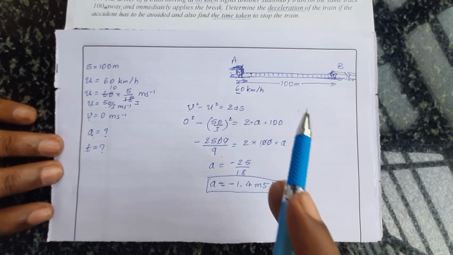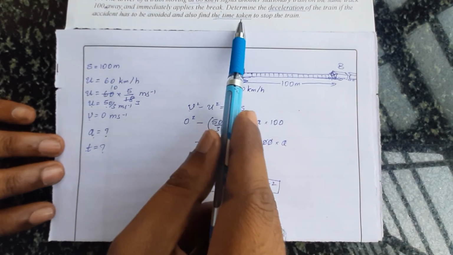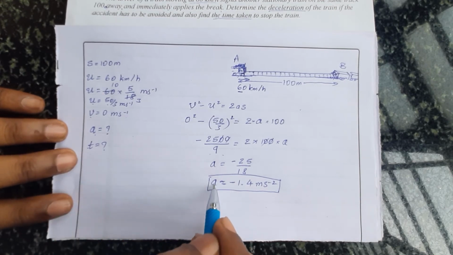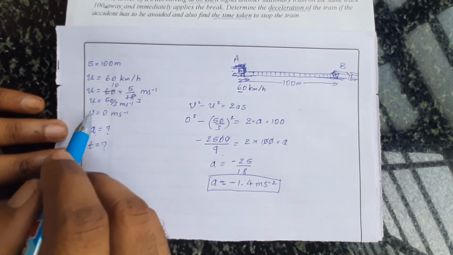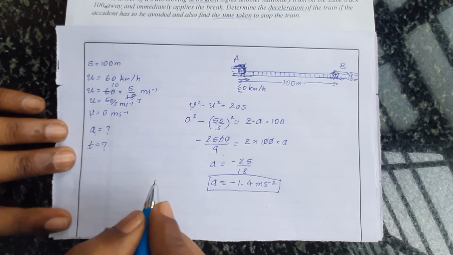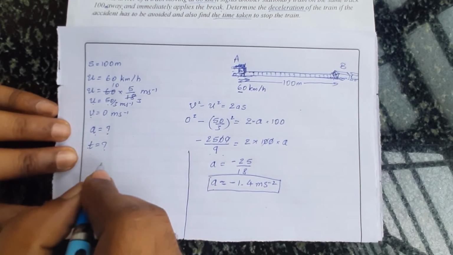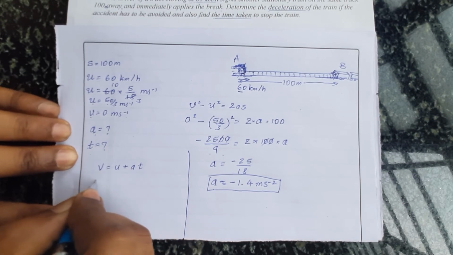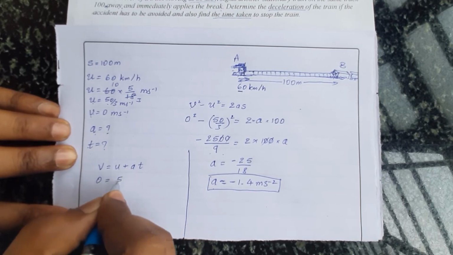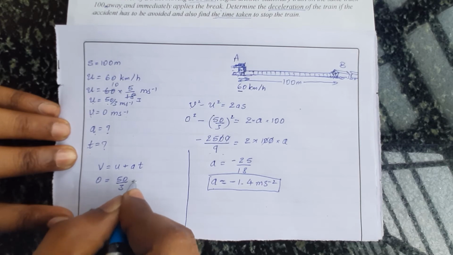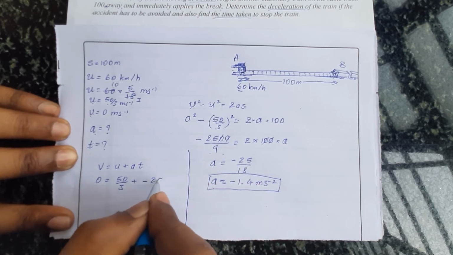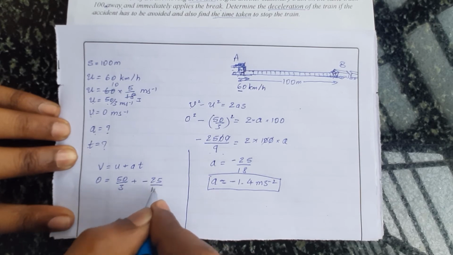Right, next is we should also find the time taken to stop the train. Okay, t. Very simple, we have a with us, we have v and u with us, so we shall calculate t now. Okay, so very simple, v is equal to u plus at is the formula. v is 0, u is 50 by 3 plus a is minus, okay, we can keep it 25 by 18 or 1.4, that is fine, minus 25 by 18 t.